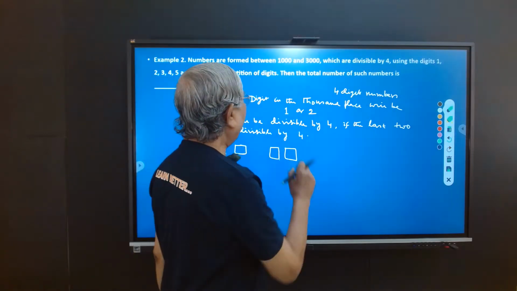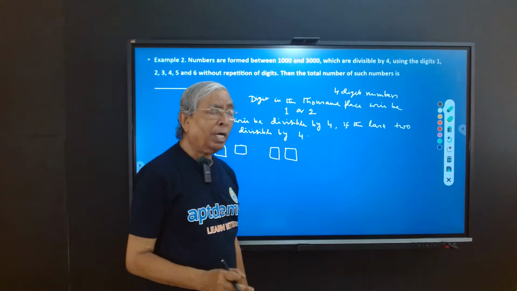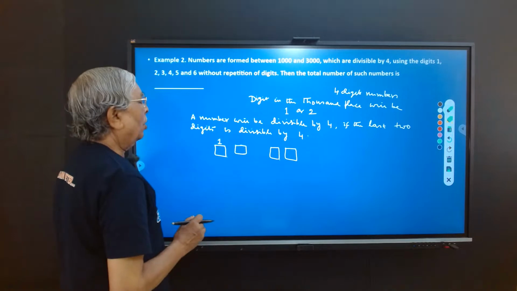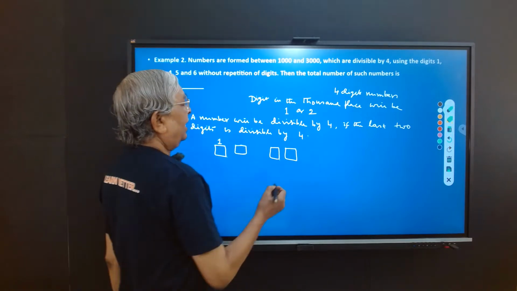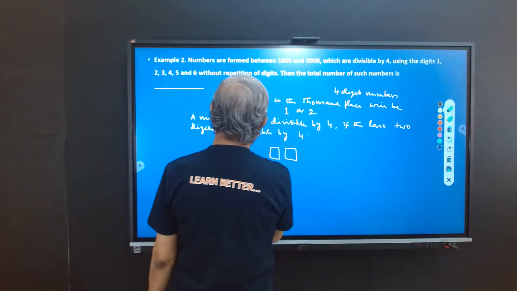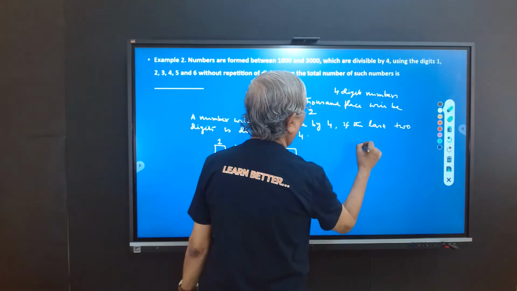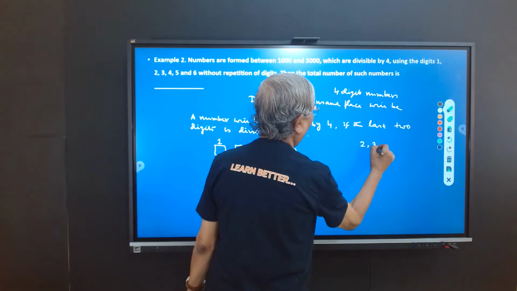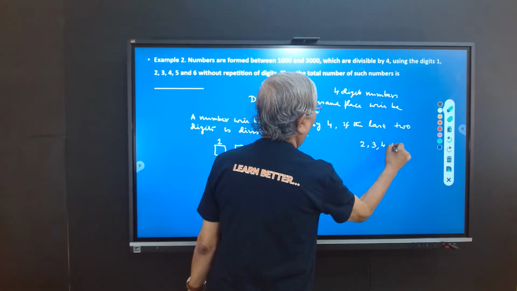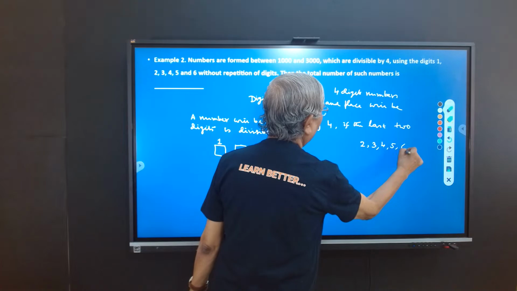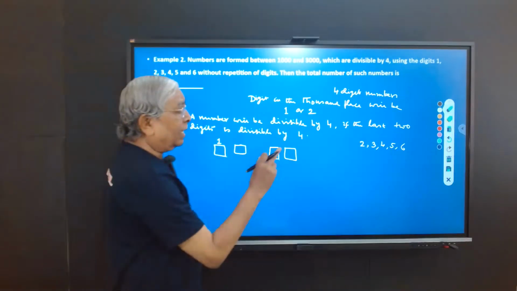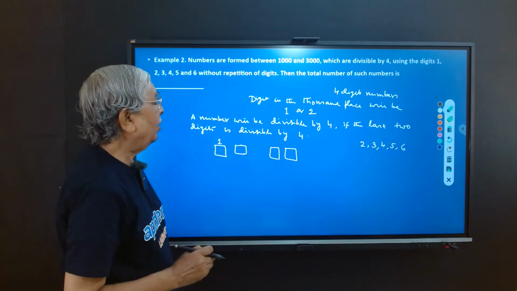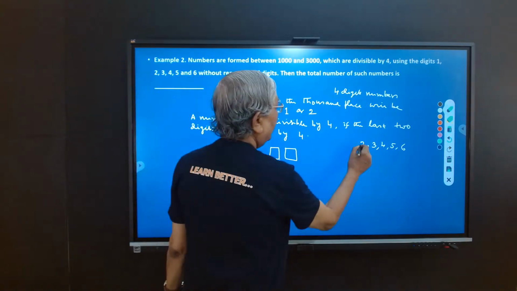A number will be divisible by 4 if the last 2 digits are divisible by 4. If you put 1 in the thousand place, the remaining digits are 2, 3, 4, 5, 6. Now take the 2-digit numbers which are divisible by 4.